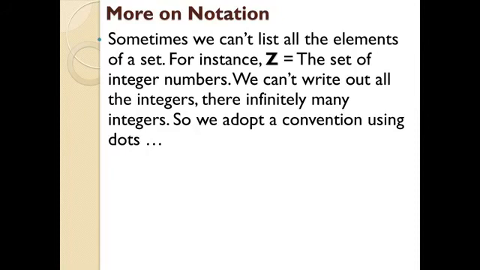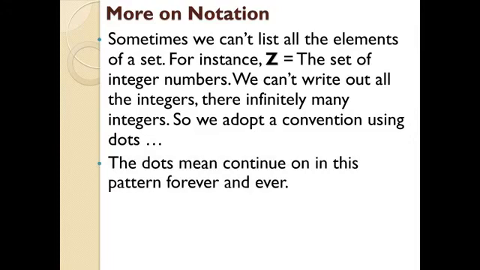Sometimes we can't list all the elements of a set. For instance, Z, the set of integer numbers, or the set of integers. We can't write out all the integers. There are infinitely many integers. So we adopt a conventional way of using the 3 dots. The dots, which we call ellipses, mean continue on this pattern forever and ever.